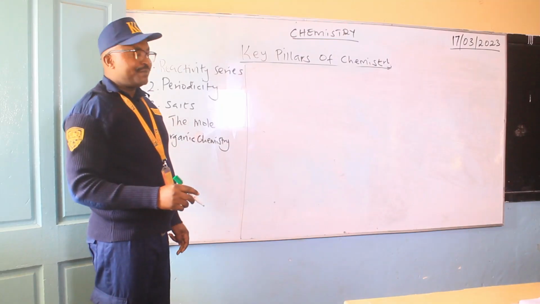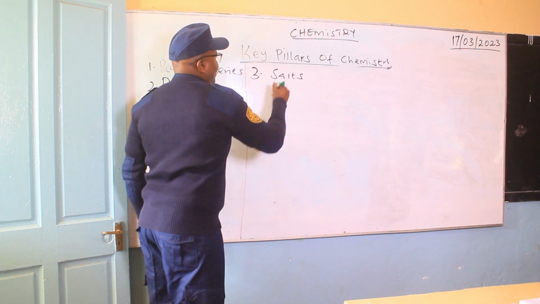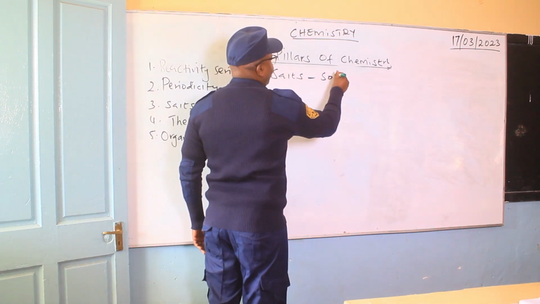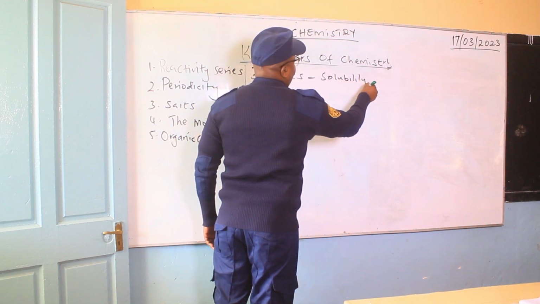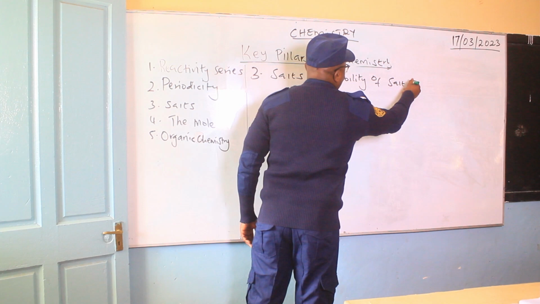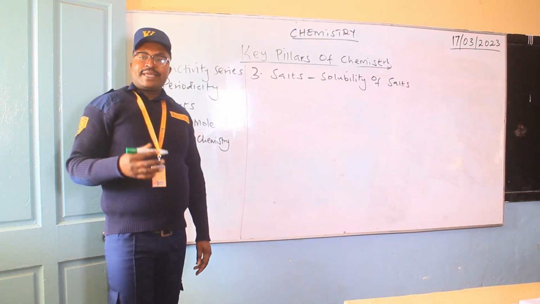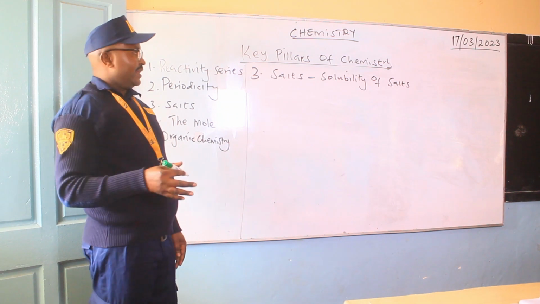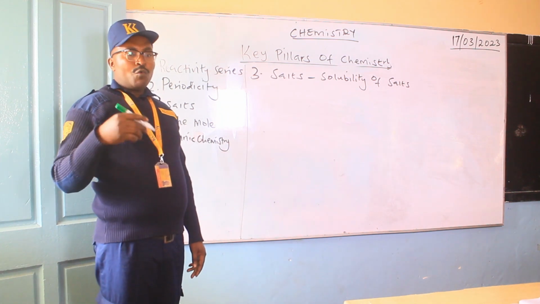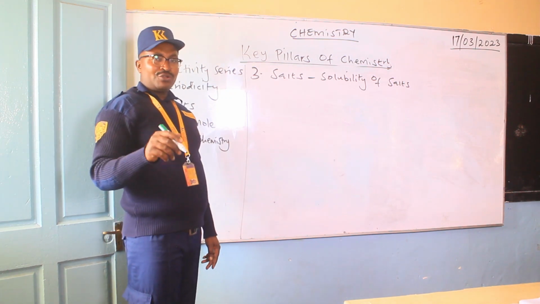The third pillar of chemistry is the chemistry of salts. Here basically we talk about the solubility of salts. And when we talk about solubility, the key area that a student must understand is which salts are soluble and which other salts are insoluble.